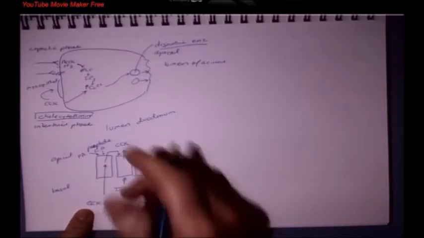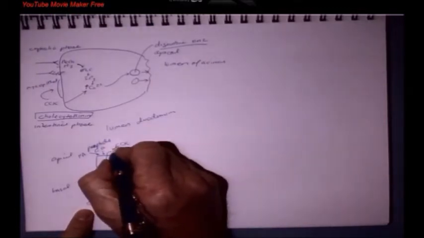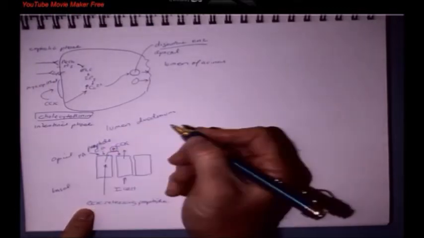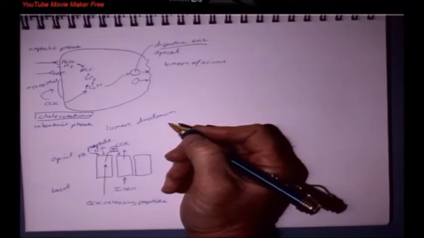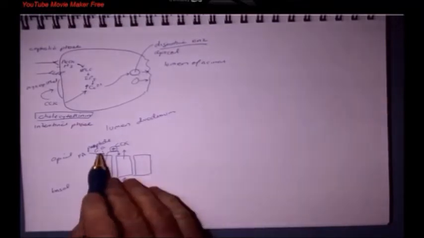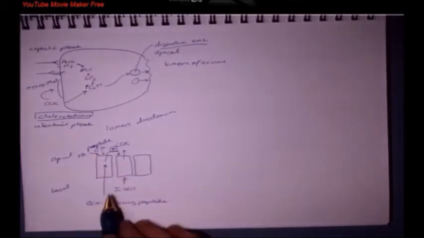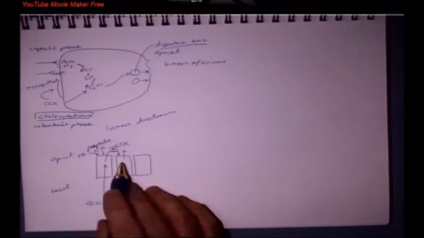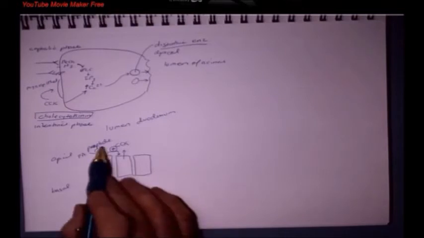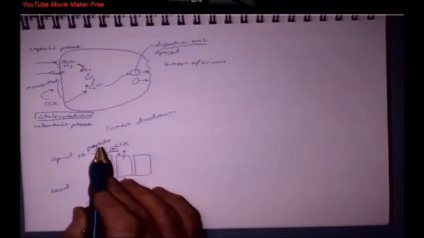So CCK releasing peptide is a positive acting factor for the release of CCK. So dietary components, proteins, amino acids, fatty acids, stimulate the release of CCK-RP, and that binds to the I cell and now tells the I cell we need to secrete CCK because now we have dietary components in the duodenum.